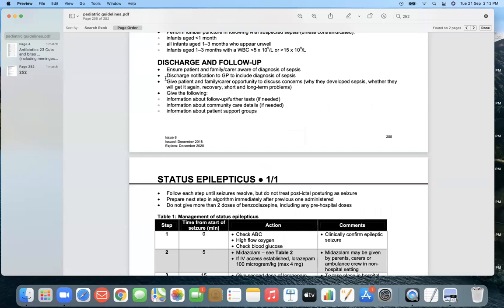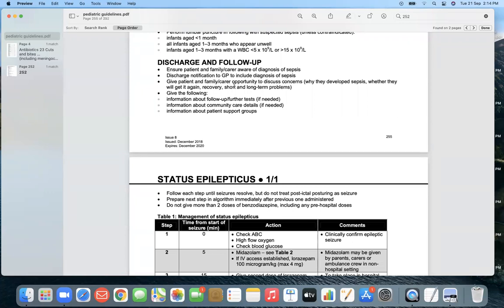So this is the last thing, discharge and follow up. Ensure patient and family carer are aware of the diagnosis of sepsis. You will educate the parents and the family. Discharge notification to GP to include the diagnosis of sepsis.